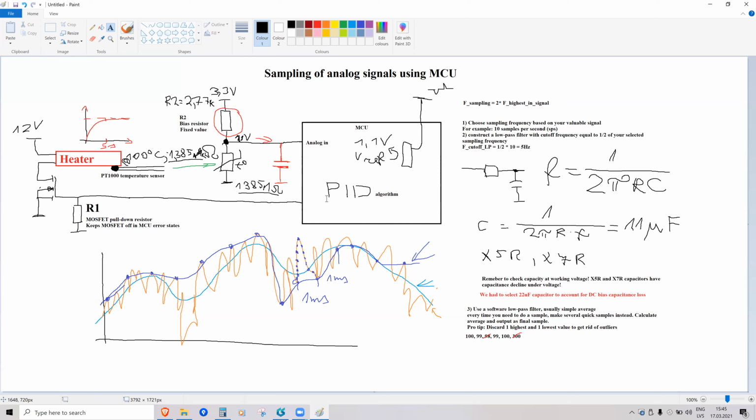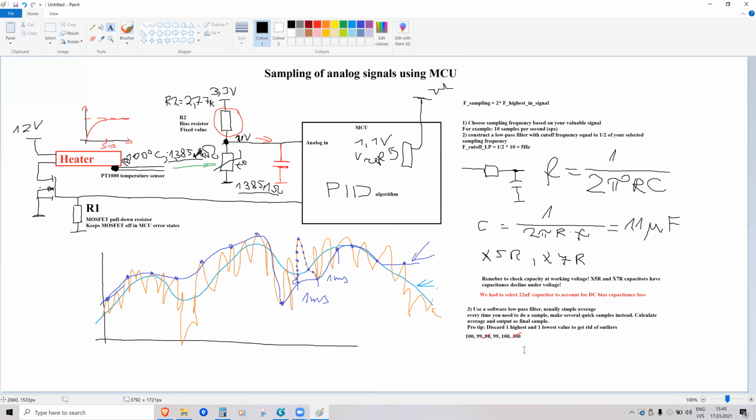And for these PID regulators, proportional integral differential, if you're using this differential component, it's very important that the incoming signal is well filtered, because these small spikes can hit this PID algorithm out of order, and it can produce very big oscillations on the output.